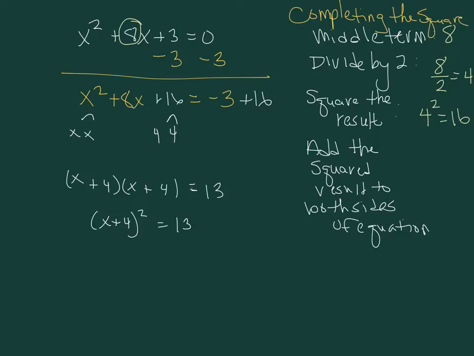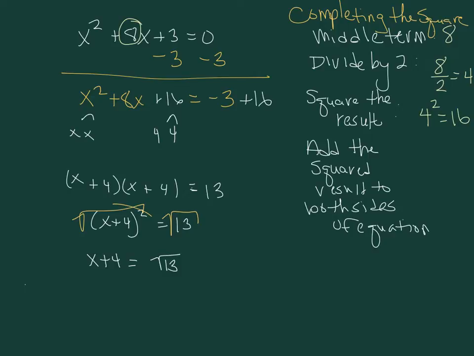Now comes just the rote procedure. This is what you do to solve this problem. We're going to square root both sides, because the square root of a square gets rid of both, leaving us with simply x plus 4 equals the square root of 13. Now, when you square root something, it becomes both positive and negative.